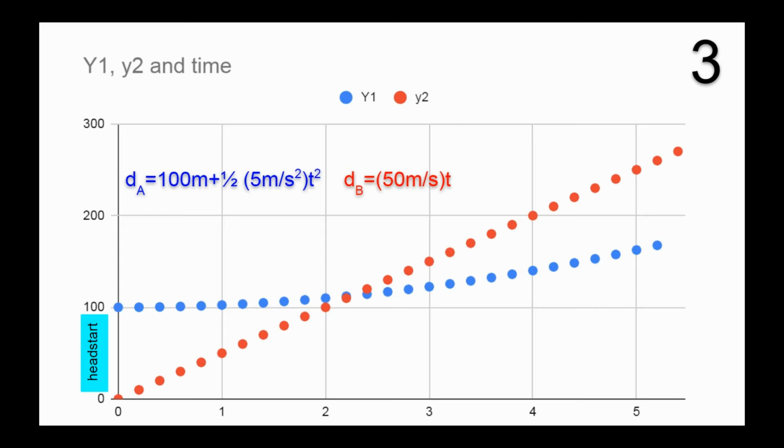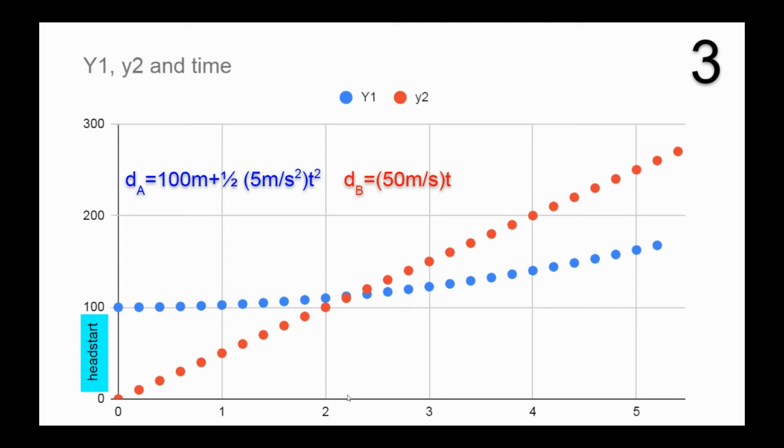Obviously you cannot put units in, and I plotted the 2 equations, and what it looks like is car B took off at a constant speed of 50 meters a second, but car A, there's his head start, 100 meters, and he started to move, and then he really began to take off.